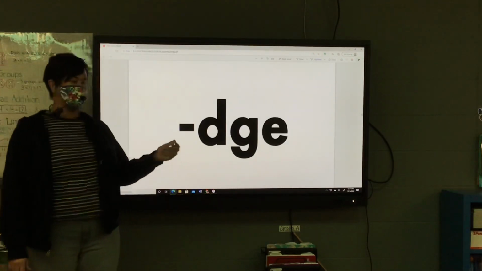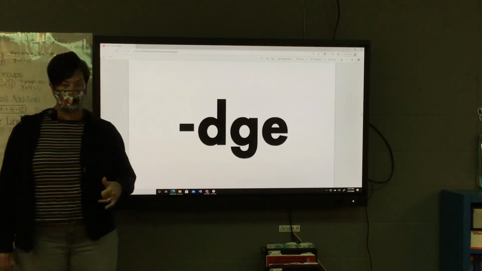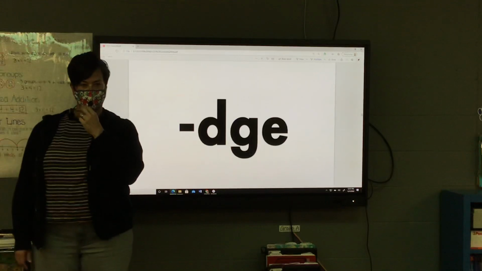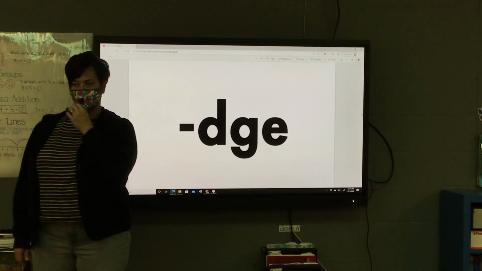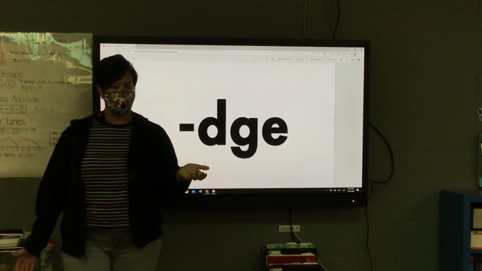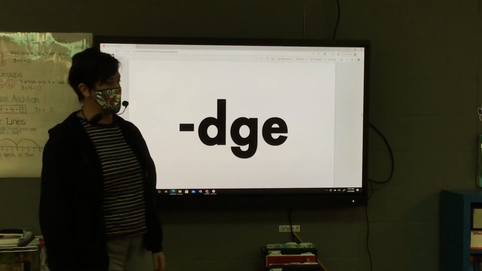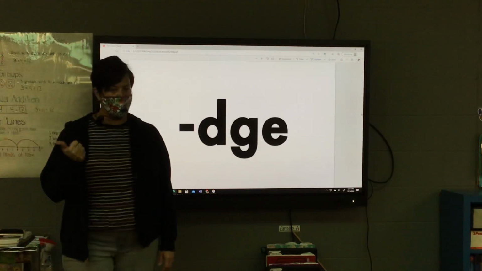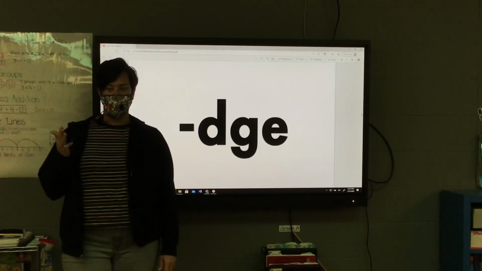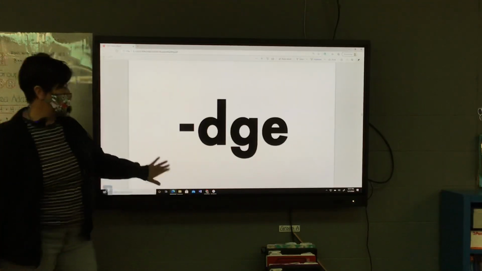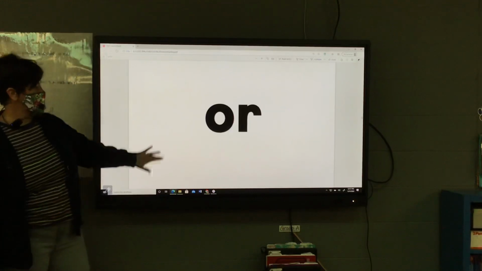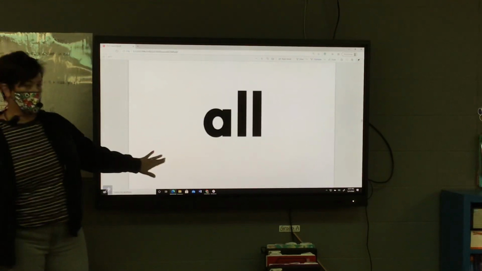When we add this DGE, J, to the end of a word, what's right in front of it? A short vowel. And our short vowels say a, i, o, u.